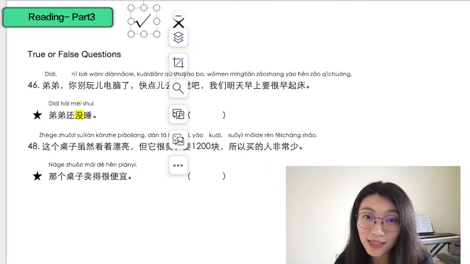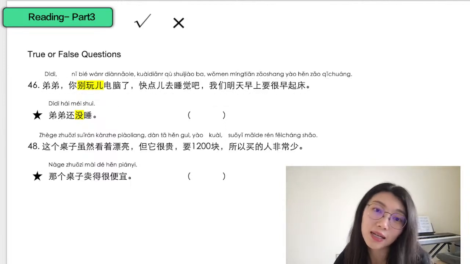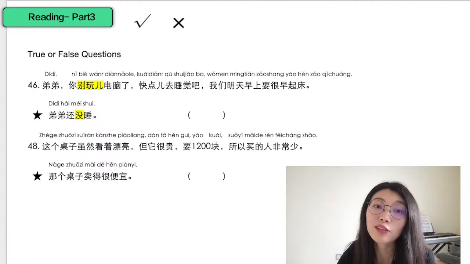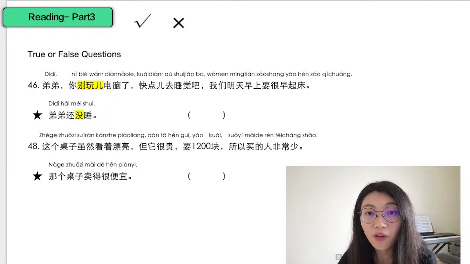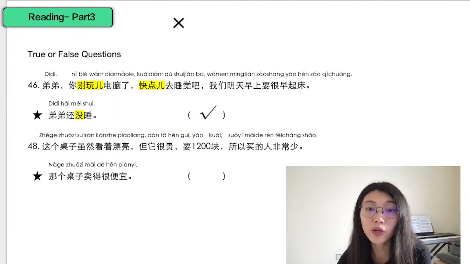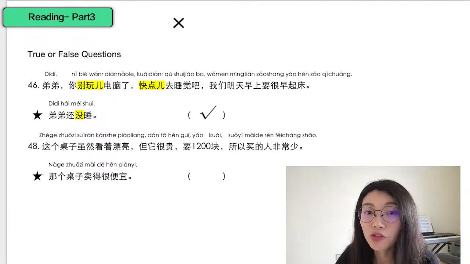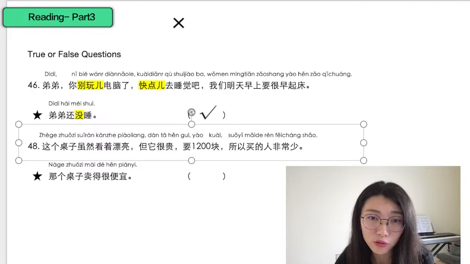We can see here 你别玩, don't play, stop playing the computer. 快点, hurry up and go to bed soon. So he hasn't slept yet. 没睡 is correct, 对的.